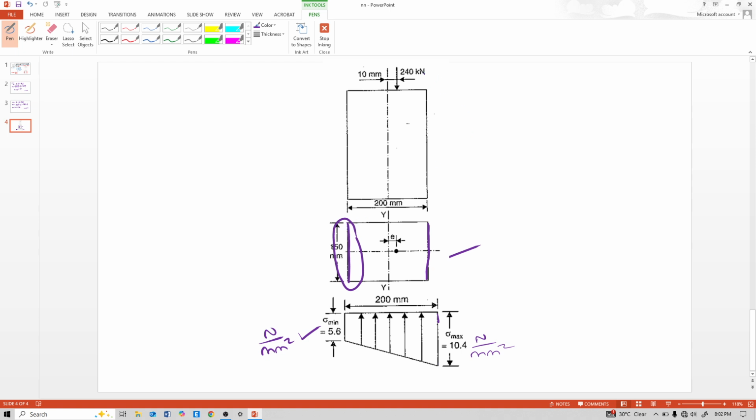Because the eccentric load acts on this side, and if the eccentric load acts like that, this column will shift like that. So that's why this side is always more compressive. That is the reason: the load is acting on this side, so the compressive stress is maximum here and minimum here.